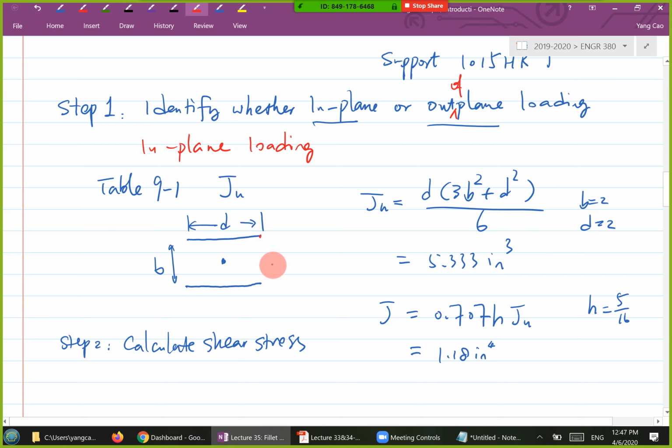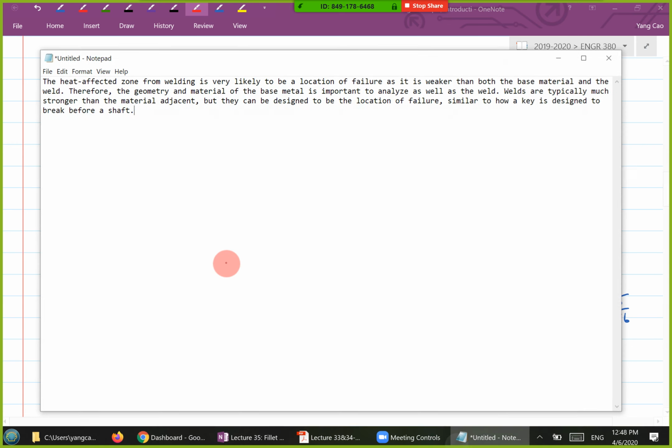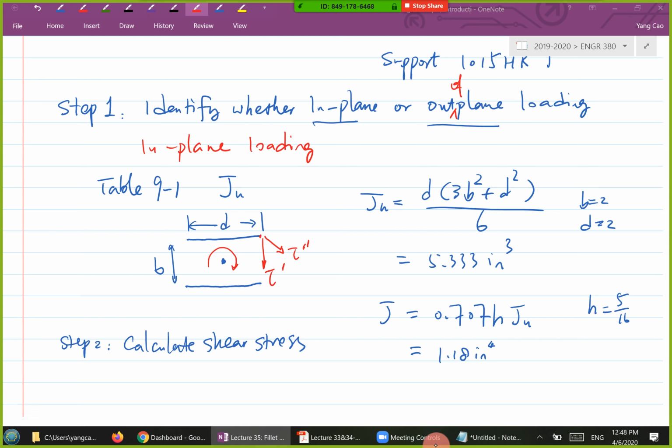Obviously it is going to be this location here, because you would have a torque generated by the load F, and also a shear stress due to F. So we have one, the so-called primary shear, tau prime, and then a secondary shear, tau double prime. These two should be perpendicular. Tau double prime is due to this torque.